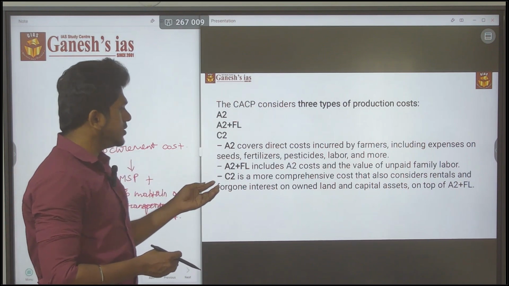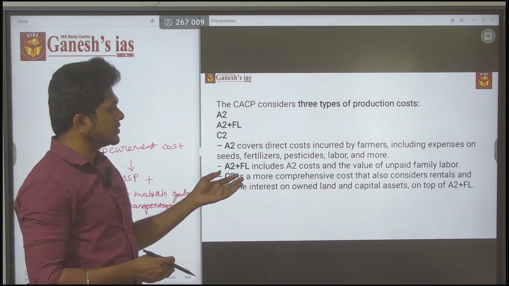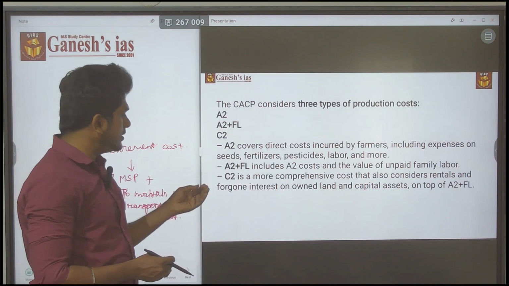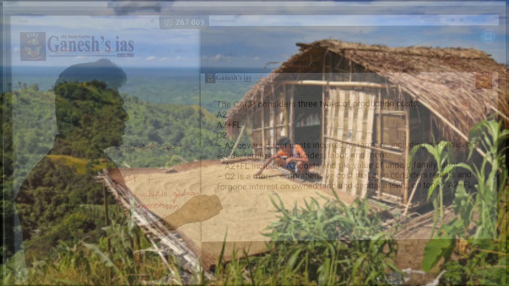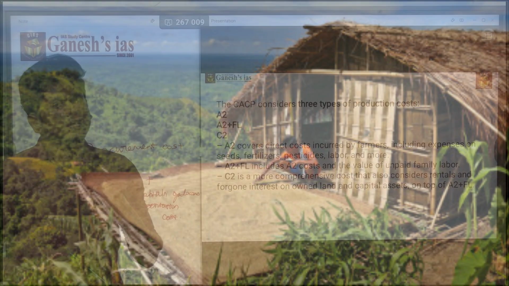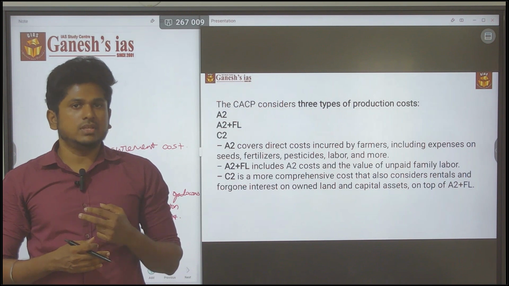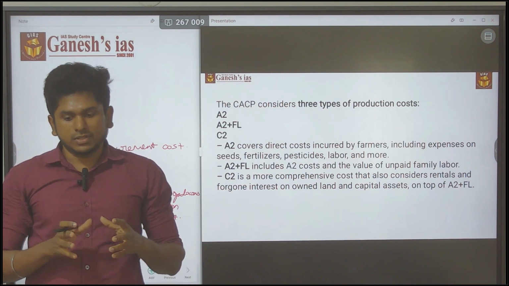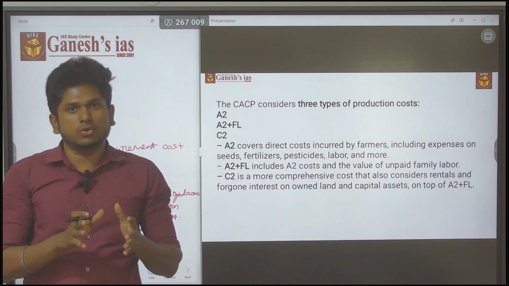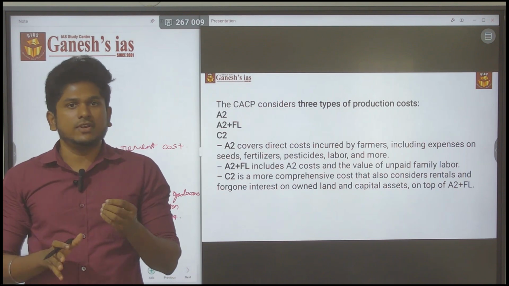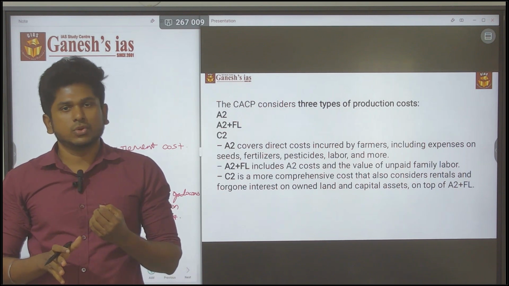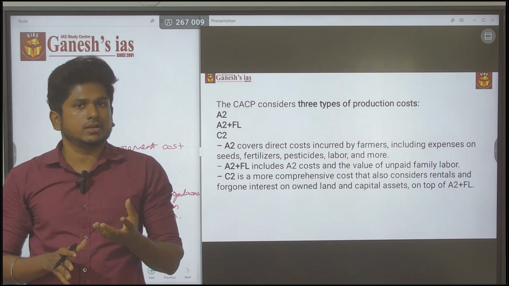What is C2? It is a more comprehensive cost that also considers the rental and foregone interest on the owned land. Consider that I have 2 hectares of land. If I lend or lease this land, I will get certain money. That is called opportunity cost.